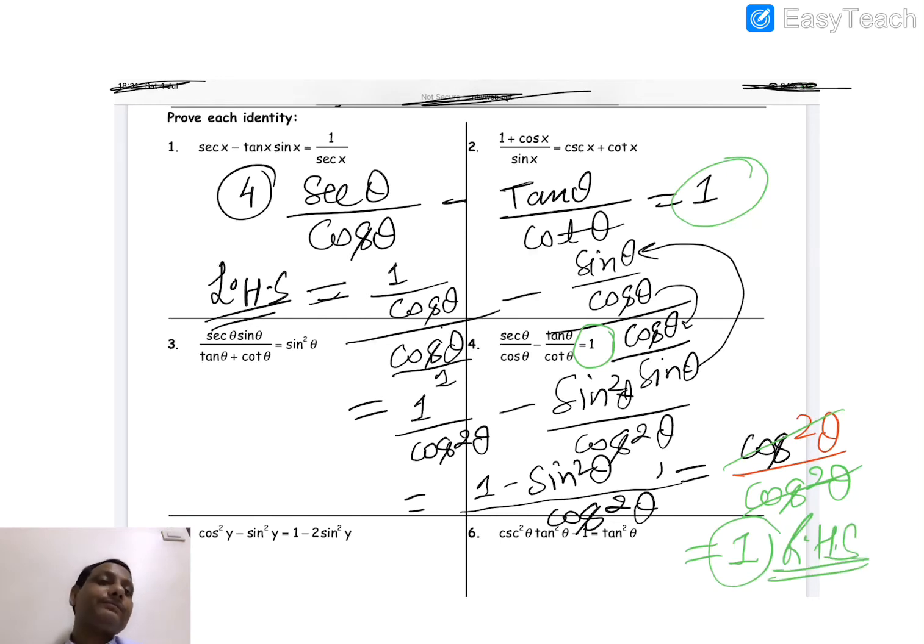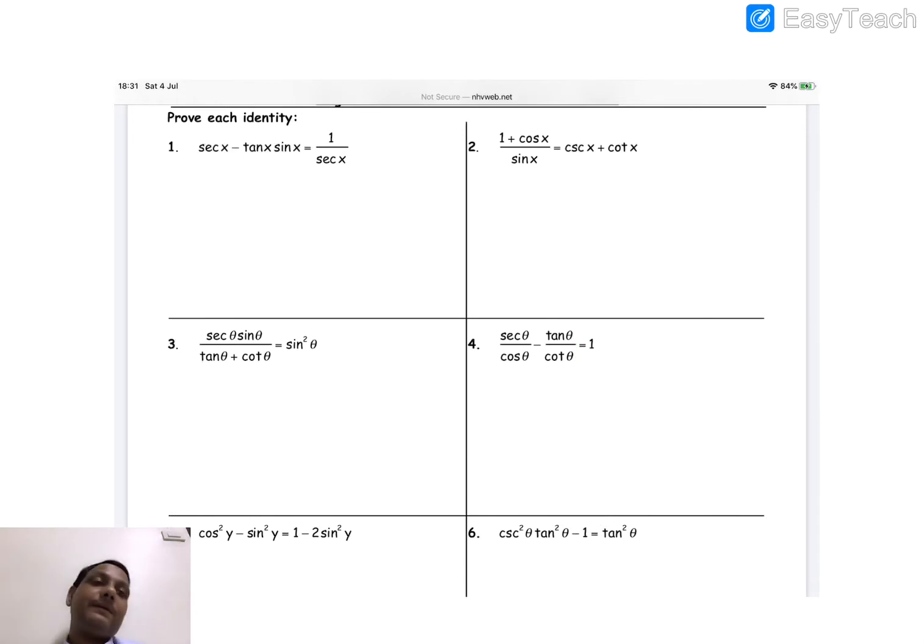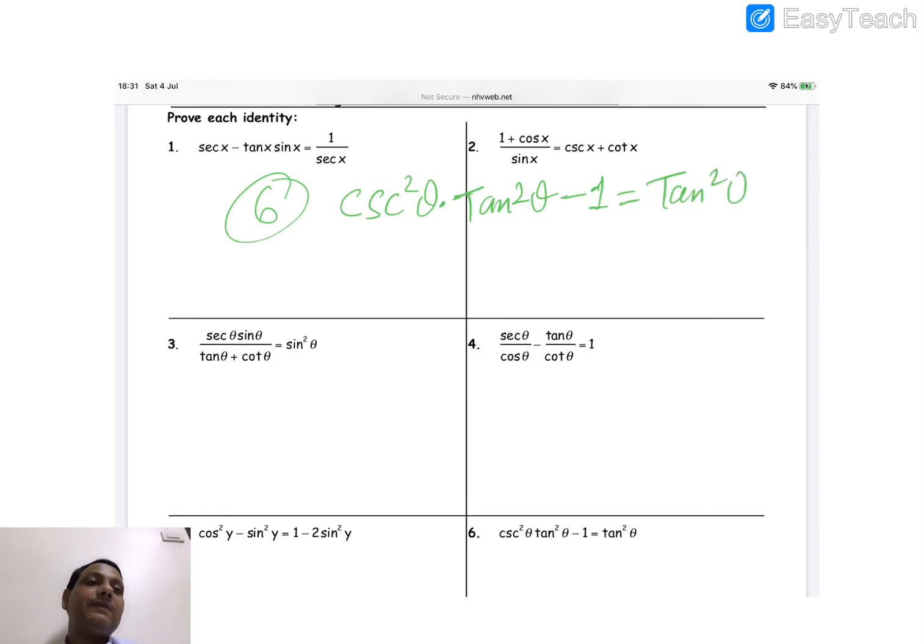Alright, after doing up to here, I am going to go to question number 6. You all see what question number 6 is. Question number 6 is going to be quite easy, I hope so, but let's see. Cosec square theta into tan square theta minus 1 is equal to tan square theta.